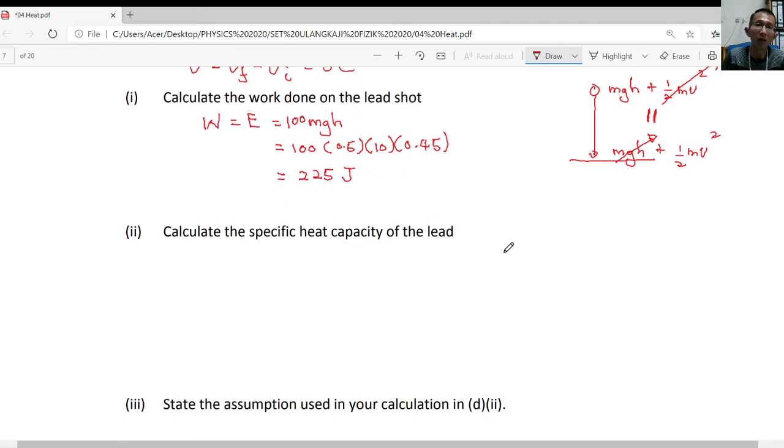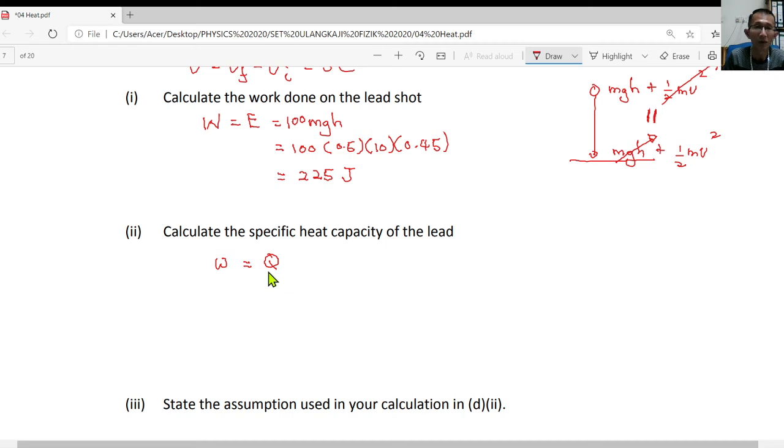Right, next, calculate the specific heat capacity of the lead. We have seen the work done just now. It is mc theta. Maybe I write here, work done will be transformed into heat.